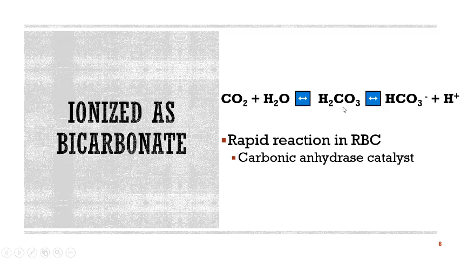So H2CO3 does not want to be together, will come together briefly, but then it's going to break apart either into bicarbonate and H plus, or into carbon dioxide and water. And there are different things that determine whether it breaks apart this way or that way.